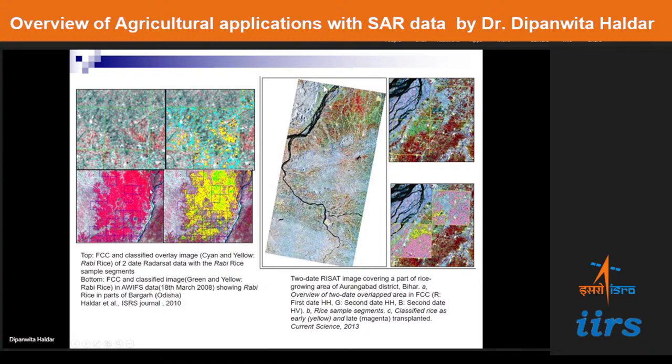Conjunctively, they can be used for stress or crop condition monitoring or crop health assessment. So RISAT data and IIRS data have been used together in the past. This is old research. Such synergistic studies in other crops as well as in rice crop exist, and this has a way ahead because conjunctive, complementary use of these data sets is very, very important.